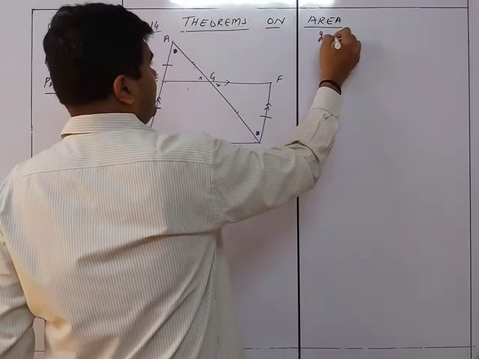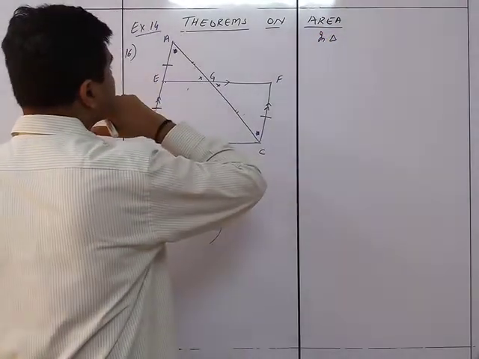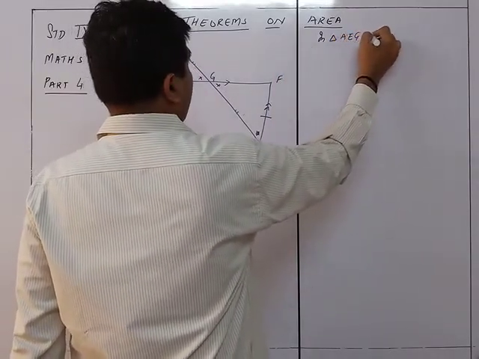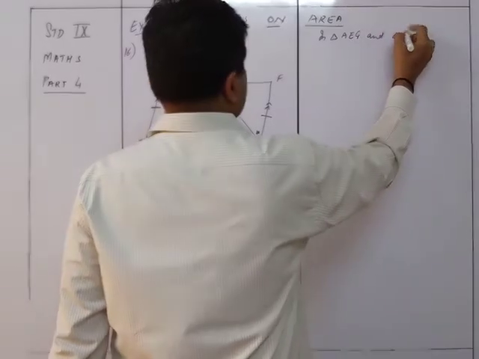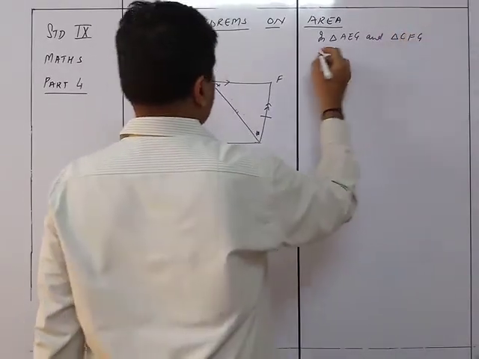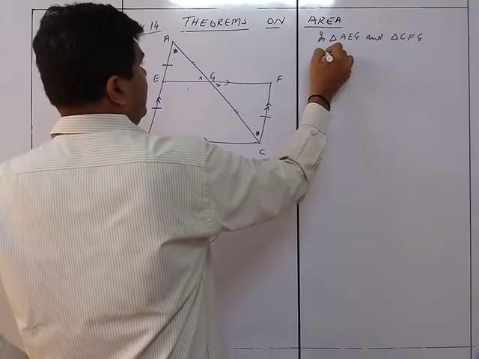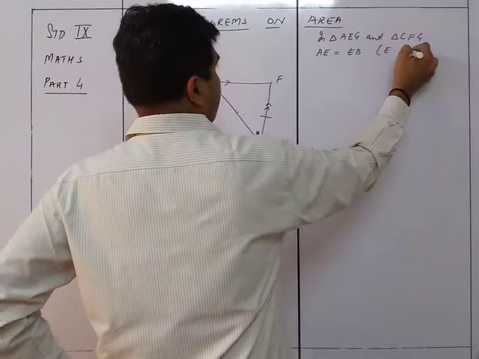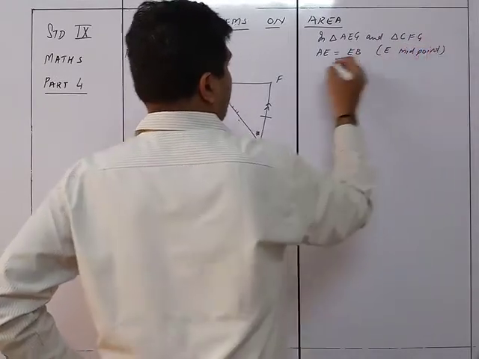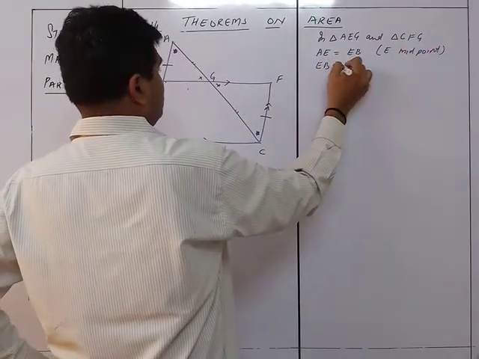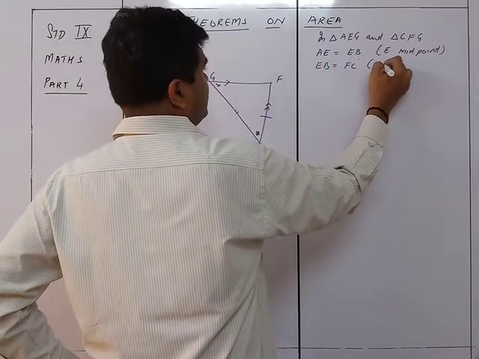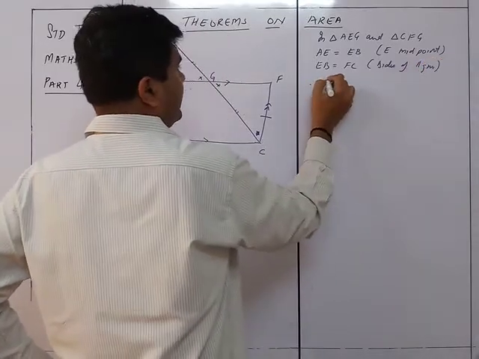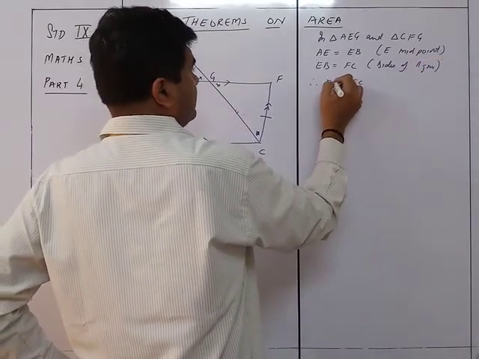Now, in triangle AEG and triangle CFG, AE is equal to EB, E being the midpoint, and EB is equal to FC, sides of the parallelogram. Therefore, AE is equal to FC.